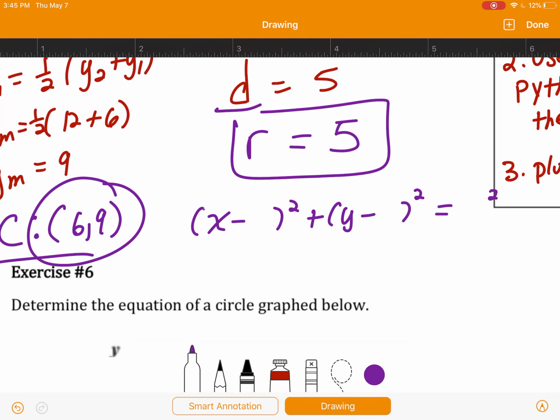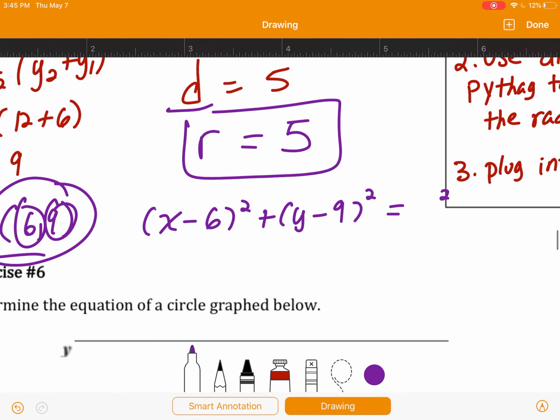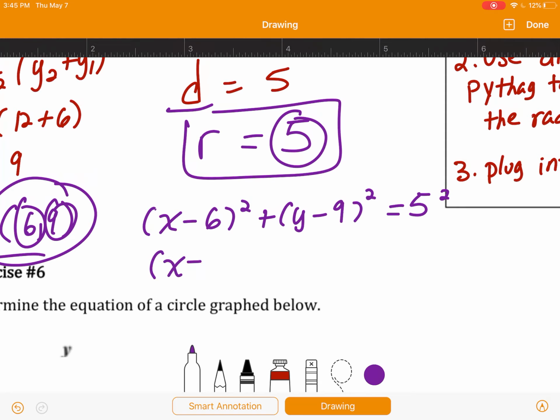The x value of the center is going to go in this spot, so we've got 6 going here. The 9 goes in the y value section. And then the radius goes on the other side, which is 5. So we could leave it like that, or we could write the exact same thing.